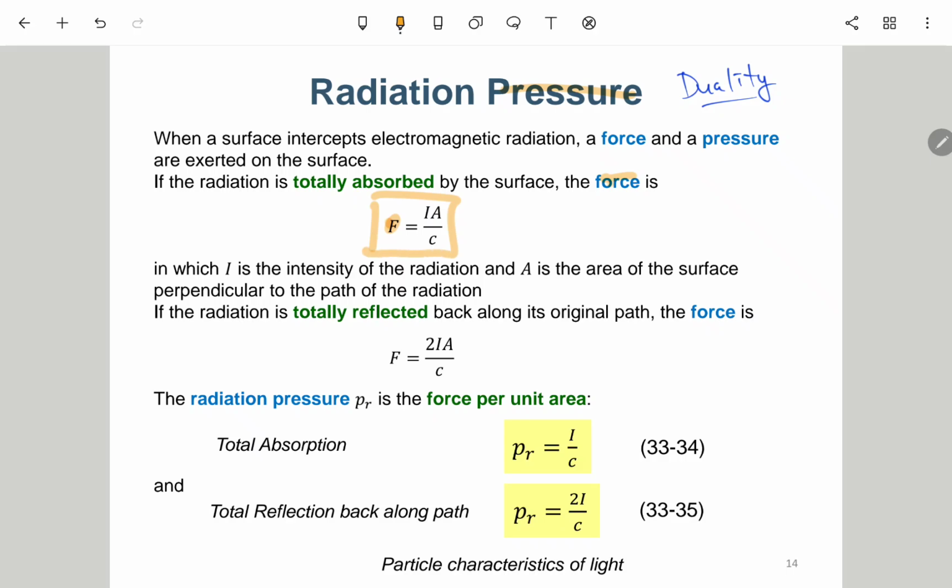And then there is another case. If the radiation is totally reflected. The main difference is that the first case is totally absorbed, and the second case is totally reflected.